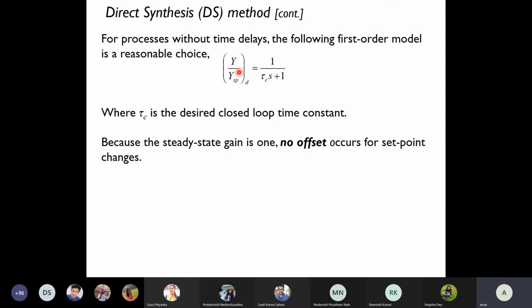So to avoid the offset, the gain of (Y by YSP)d will always be 1, and tau C is the time constant for the closed loop process. So my closed loop process behaves like a first order process with a tau C time constant, which is the desired closed loop time constant.